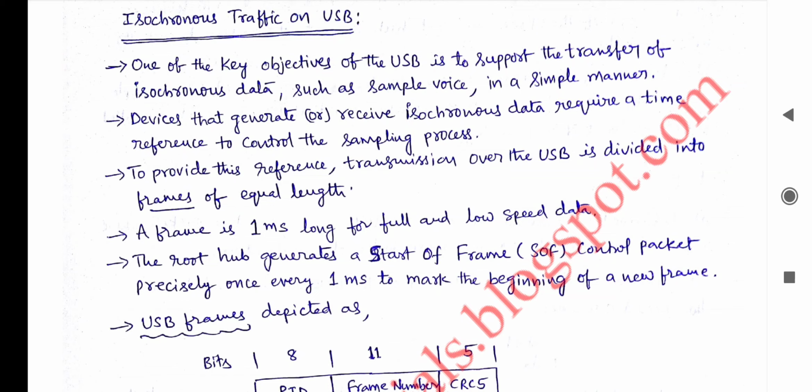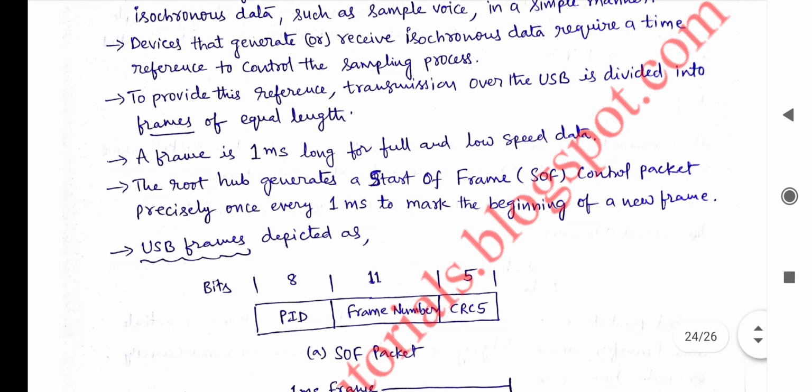To provide this reference, transmission over the USB is divided into frames of equal length. A frame is 1 ms long for full and low speed data. The root hub generates a start of frame control packet, SOF meaning start of frame, precisely once every 1 ms to mark the beginning of a new frame.